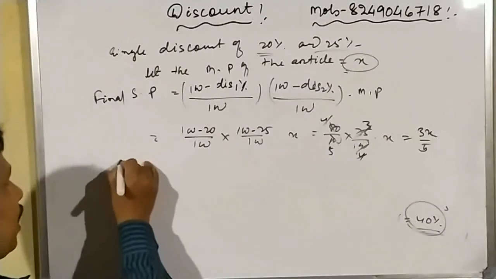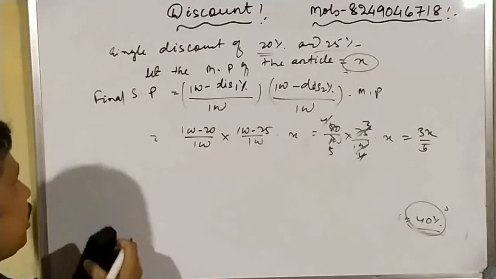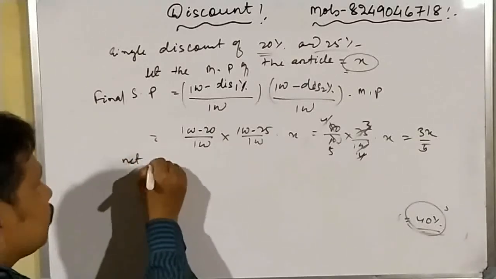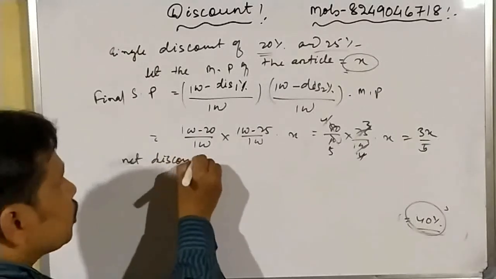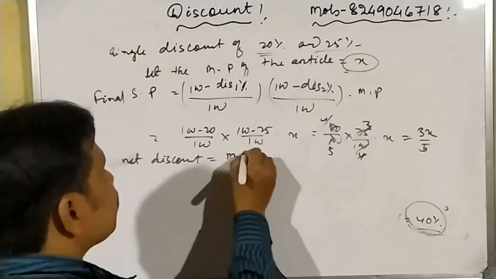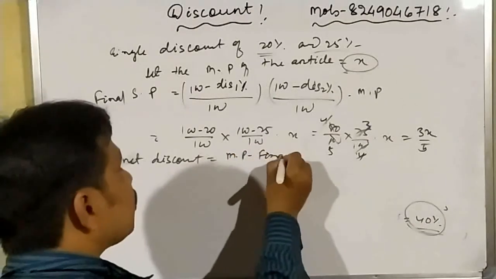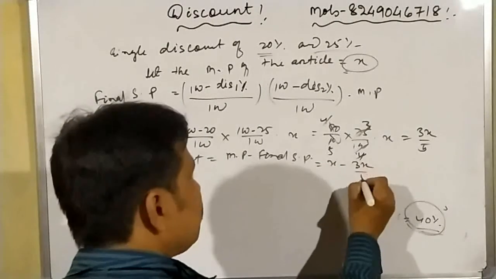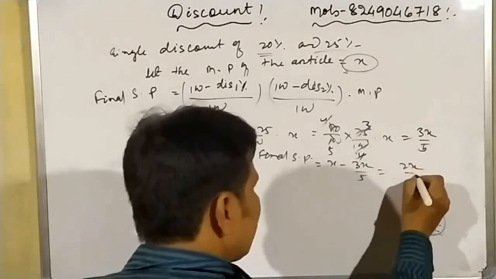So the net discount is equal to mark price minus final selling price, which is x minus 3x by 5, which is 2x by 5.